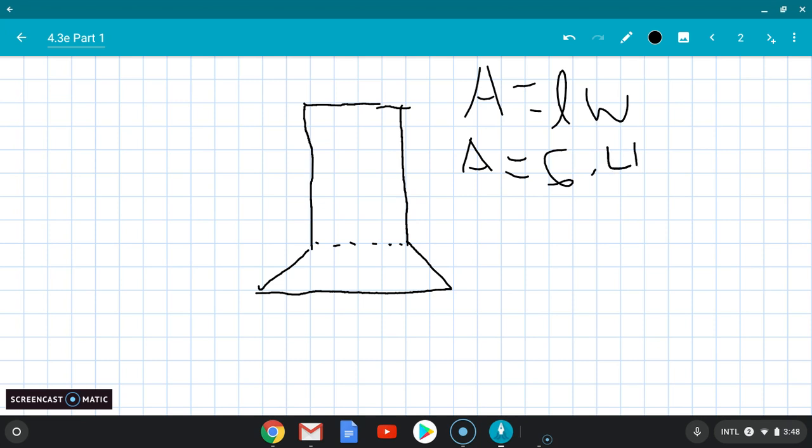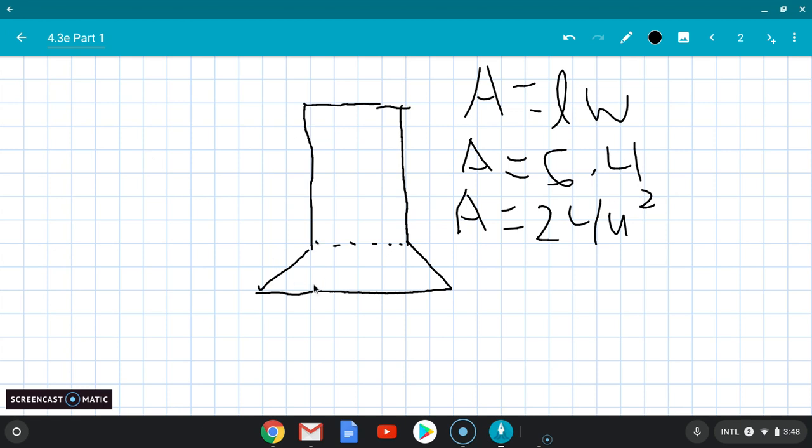So our area for this rectangle is 6 times 4, which should give you 24 units squared. That's just for the rectangle part. We're going to use units because we're not told whether these grid squares represent inches or feet or miles or anything like that. So we just use the generic units. And of course, area is always squared.